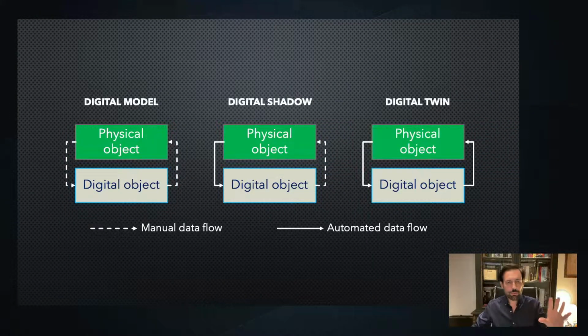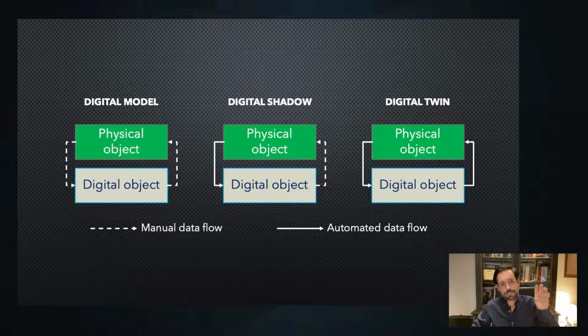So the digital model is on the left side of the screen, and it is something that you build in the digital space. So it's probably a 3D model, maybe a conceptual model, a model that exists only in digital form, that is reproducing a physical object or a physical item.